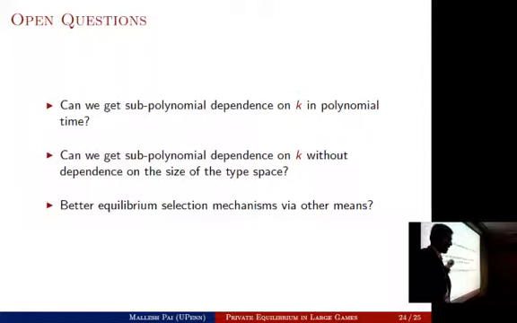And secondly, I should have advertised this when we talked about the case of growing actions, we need to put restrictions on the size of the type space. Whether we can relax both of these assumptions and still get computational tractability, we don't know. We are basically reusing the median mechanism of Roth and Roughgarden.